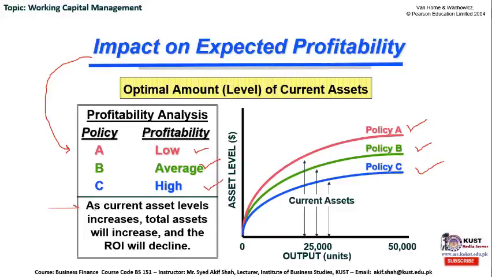As we know, as the level of current assets increases in the firm, total assets will also increase, and then the return on equity will decline, as we have explained previously with the help of a numerical example.